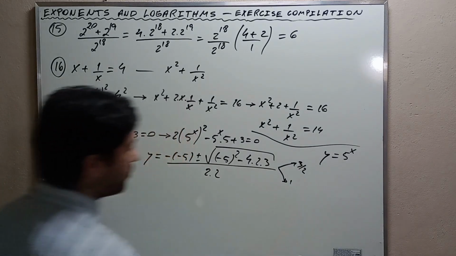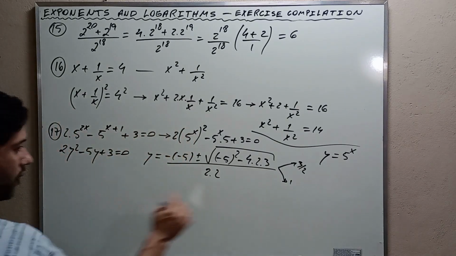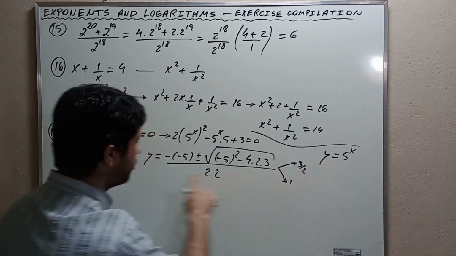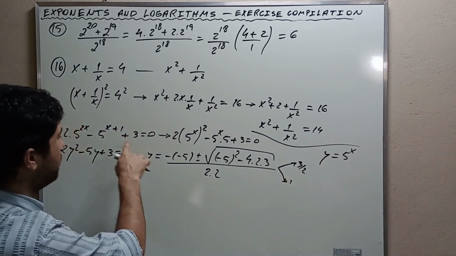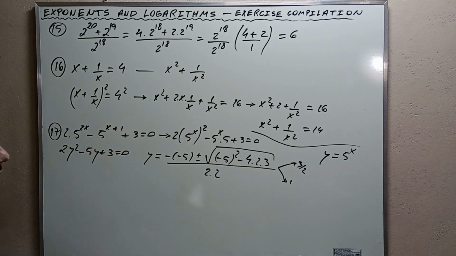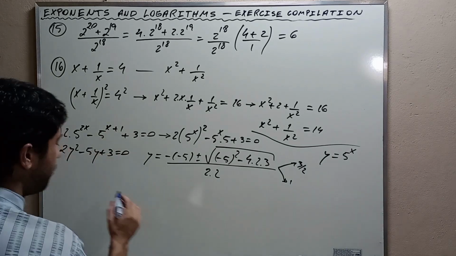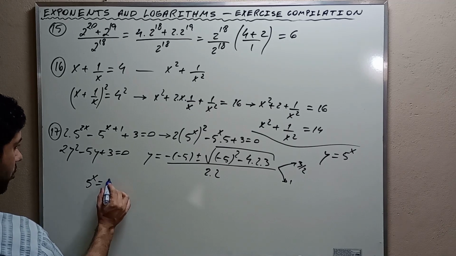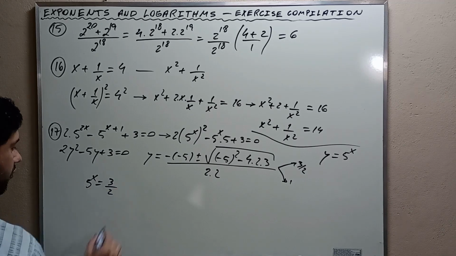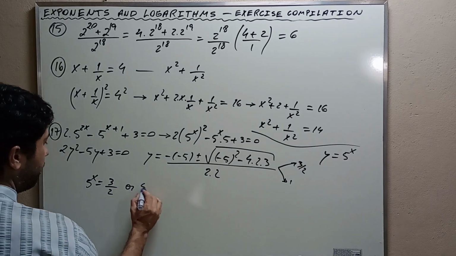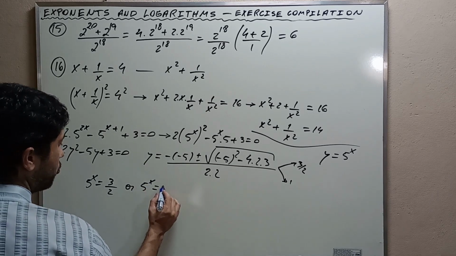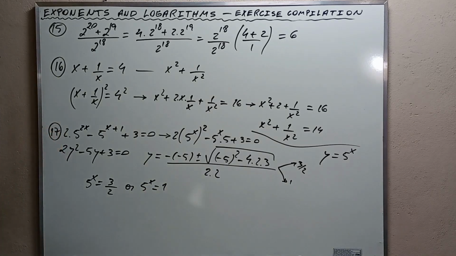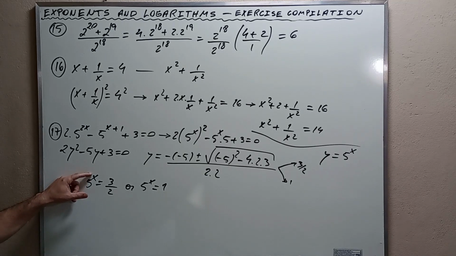And if we substitute, okay, we have to return to this because we don't want y, we want x in the original equation. If we substitute, 5 to the x has to be equal to 3/2, or 5 to the x has to be equal to 1. Observe that there is no integer. This is very important. There is no integer.